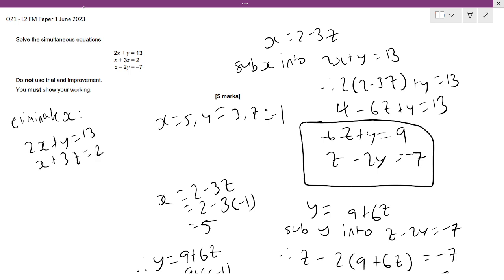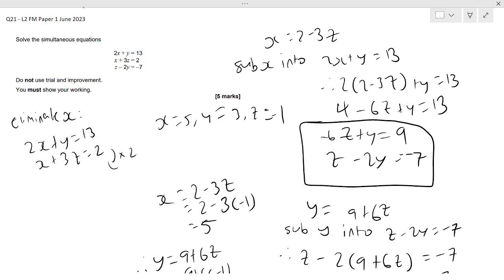If we're going to eliminate x, I need both equations to have the same coefficient of x. So this is going to have to be times by 2 to be left with 2x add 6z is 4. Then I can subtract that with the first equation, 2x add y is equal to 13.